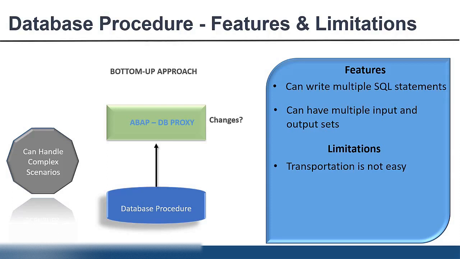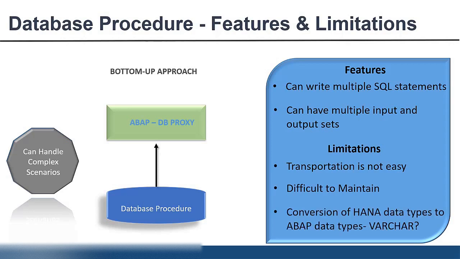That means I will have to incorporate those changes manually into my proxy. Suppose I forget to do that and then I try to transport my database procedure and proxy from one system to another. Definitely I will end up getting some error. On top of it, I may not be able to understand the meaning of that error. So maintenance of these objects is also a challenge.